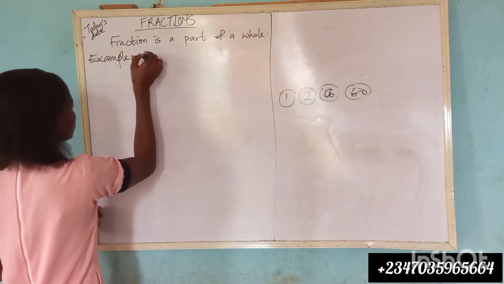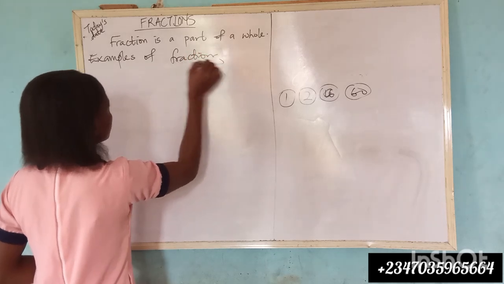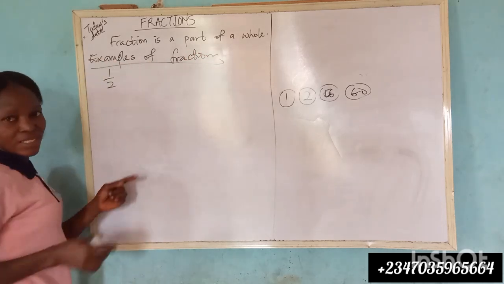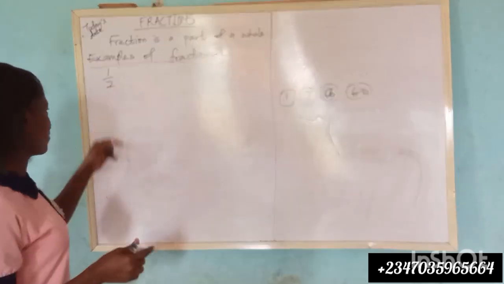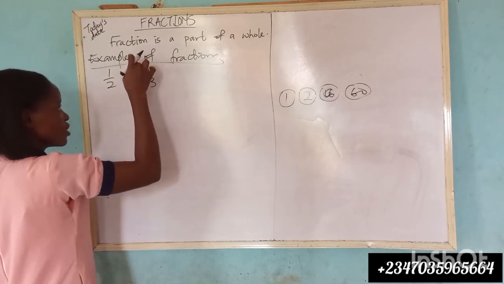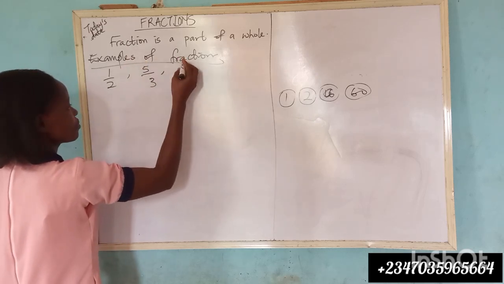Examples of fraction. You can have, let me say, 1/2. In this case, I'm having one number up and another number down. This is a fraction. 5/3: a number is up, another one is down. This is an example of a fraction.